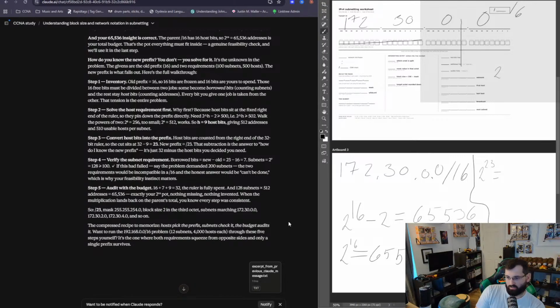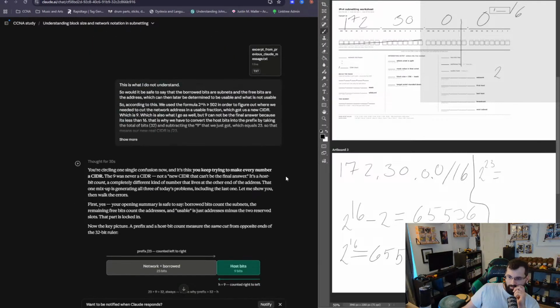Block size is 2 in the third octet, subnets matching 172.30. This is where I'm reading: 0.30, 0.1, 0.1, 0.2, 0.0, 0.30, 0.4, and so on. But it's asking for 500 hosts.